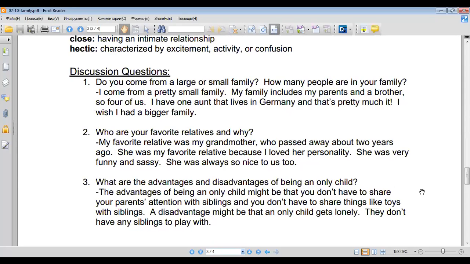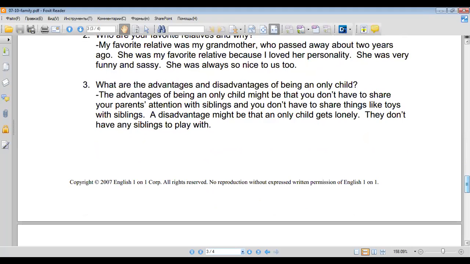I think there are a lot of advantages of being an only child, because you have a chance to have everything in your family, and there are some disadvantages of being an only child, because you don't have siblings to play with.